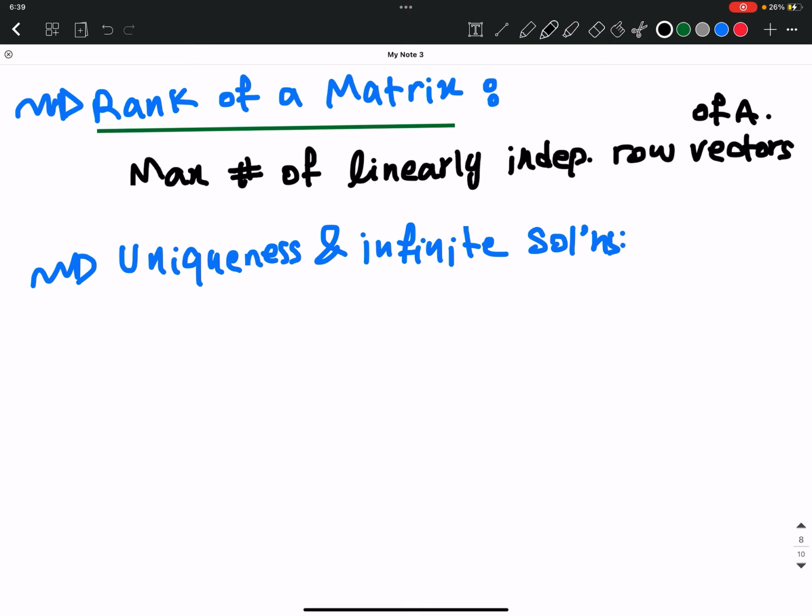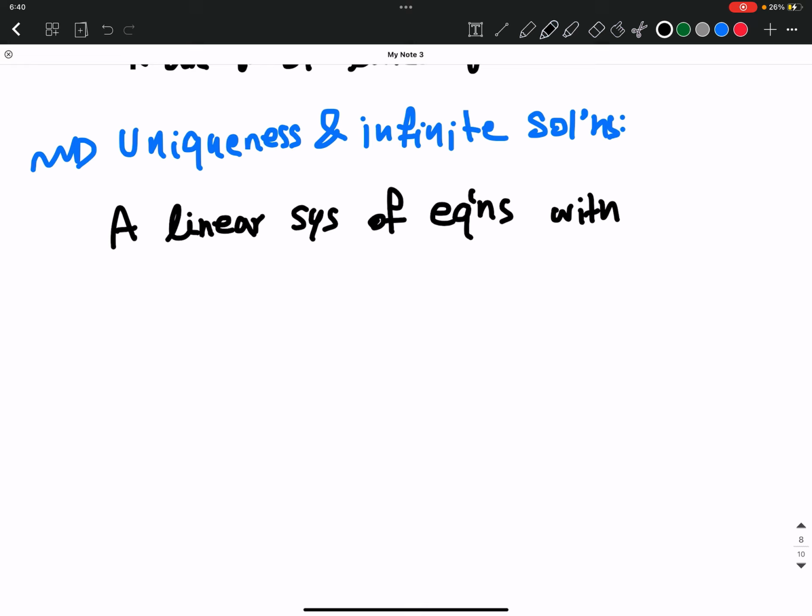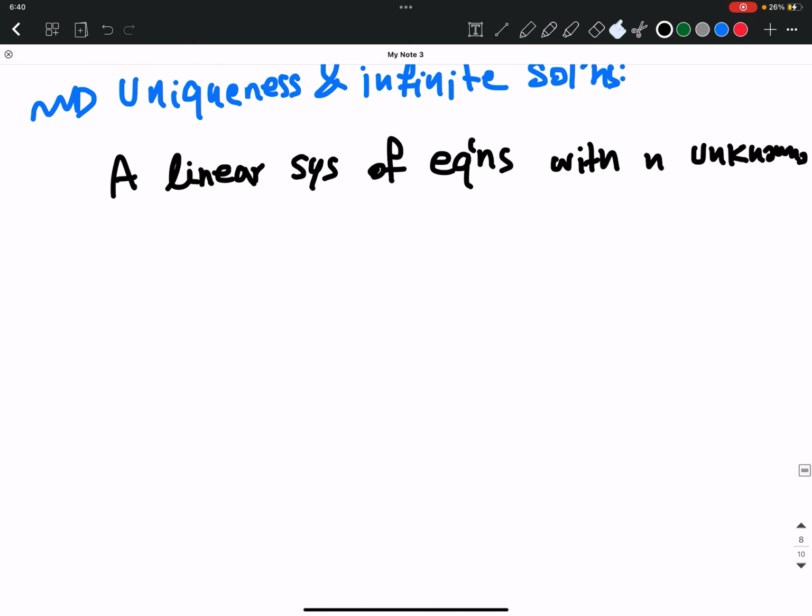By this, let's say we have a linear system of equations with n unknowns.